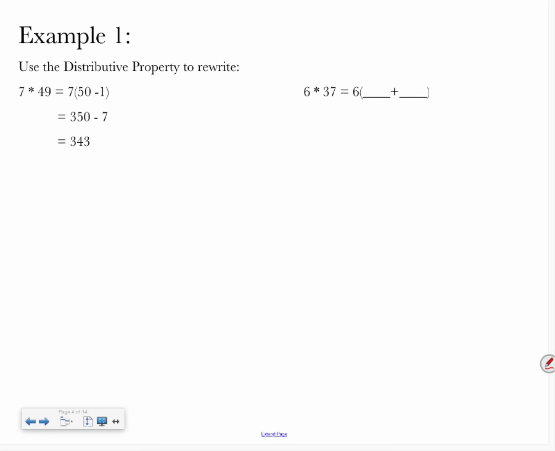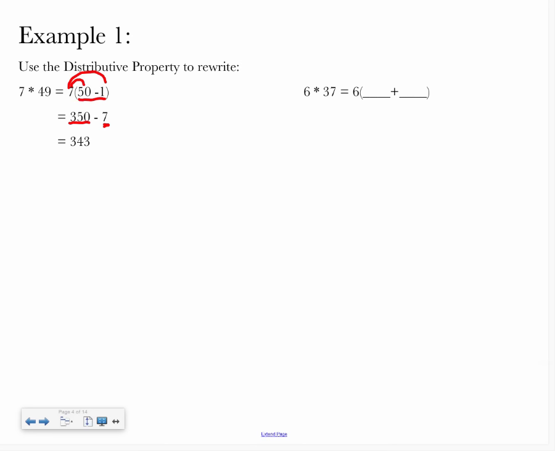But if we were to do, instead of 49, replace that with a 50 minus 1, because that's the same thing as 49, right? Okay. If we do that, then we can do 7 times 50, which gives us 350. That's much easier to do in our head than 7 times 49. And then we do 7 times 1, which is 7. We subtract the 7, we're left with 343.